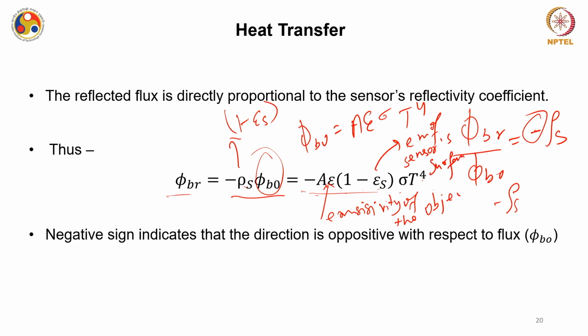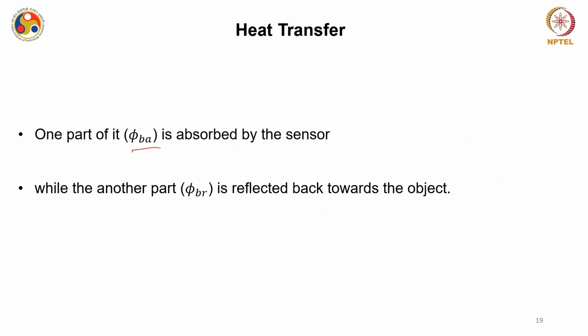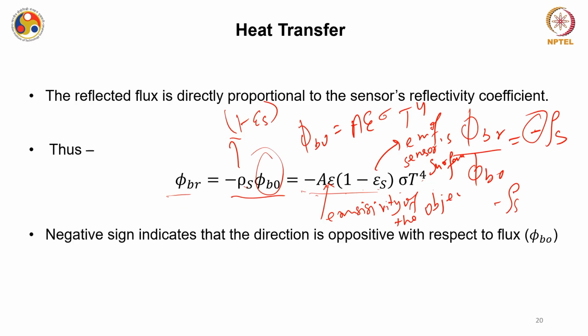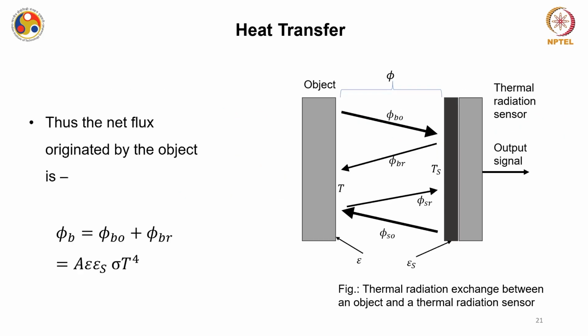This is essentially the equation of phi b r. This phi b r is the radiant flux which is reflected back towards the object from the sensor surface. We have seen how this looks. For now let us forget this particular part and talk about this part.